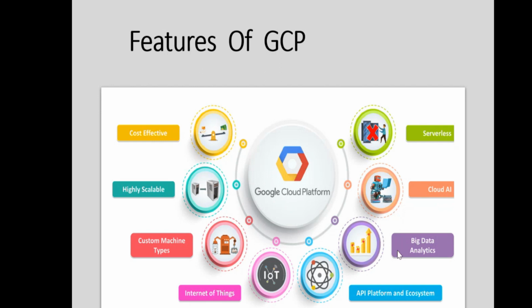They provide big data and analytics services. They provide services related to IoT, custom machine types, scalability, and cost effectiveness. So whatever services are provided by GCP, each and every service has its own importance.